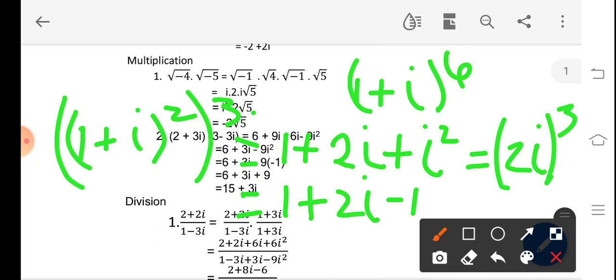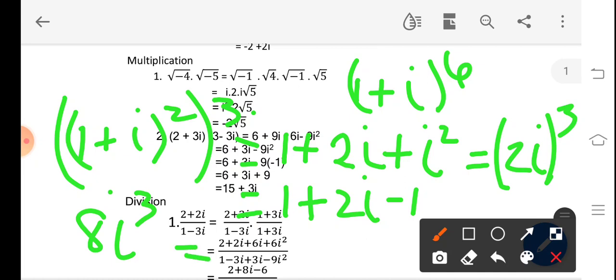So the quantity 2i raised to 3: 2 cubed is 8. Then, of course, i cubed. But i cubed is negative i.